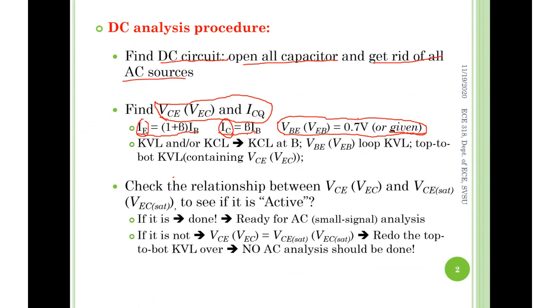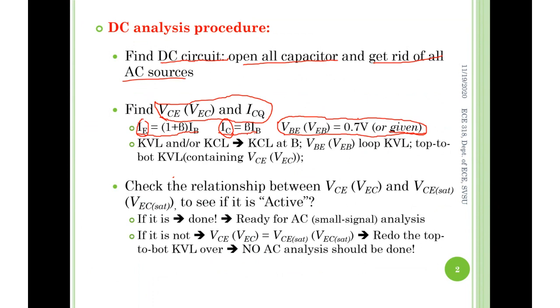Germanium can give you 0.3 volt. I understand that, but why 0.7 volt? Why not 0.5? Why not 0.9? We had this before somewhere. Can you link back to it?